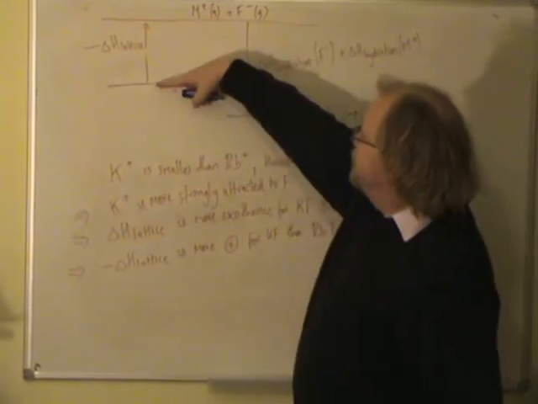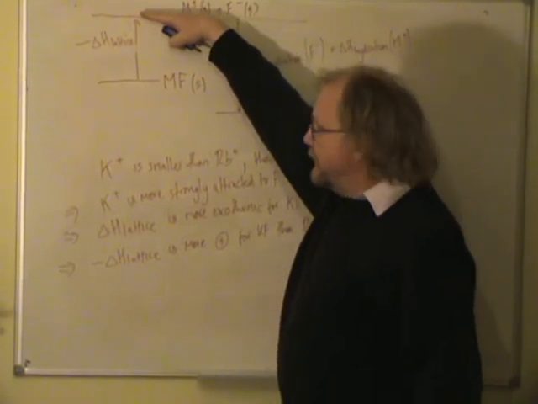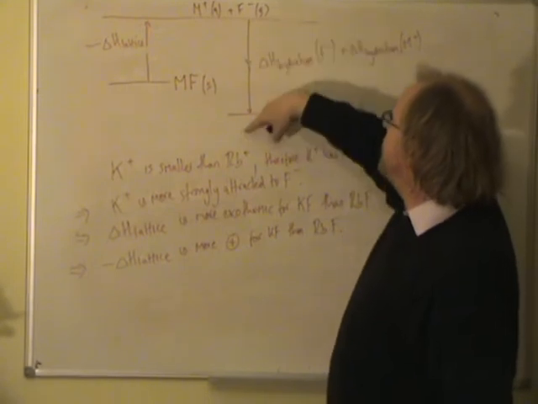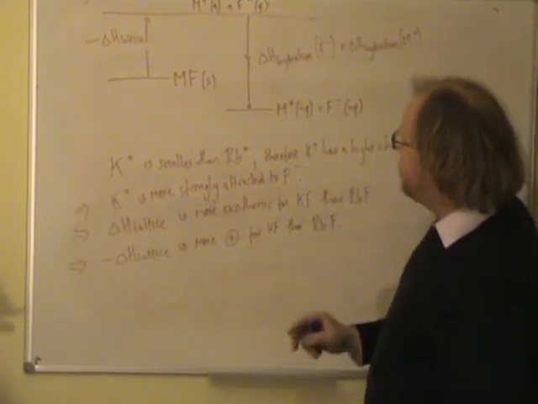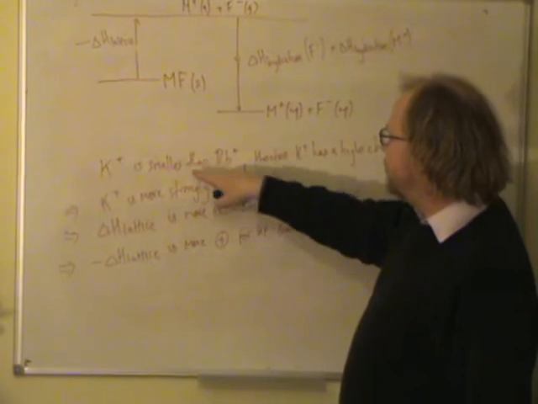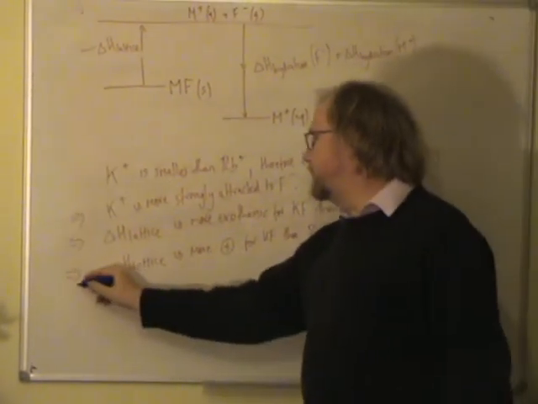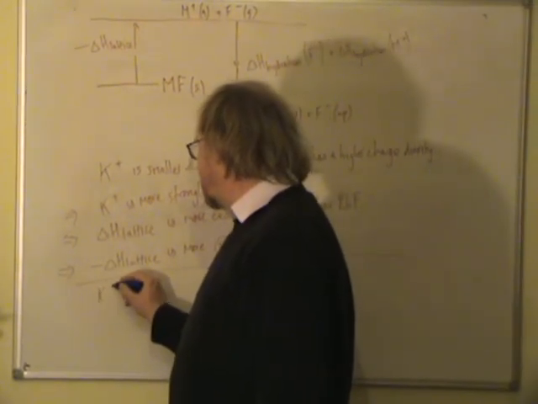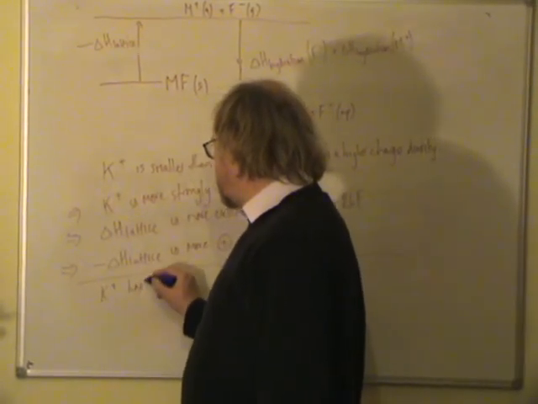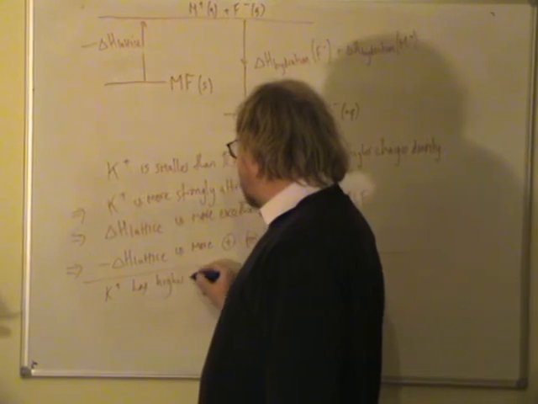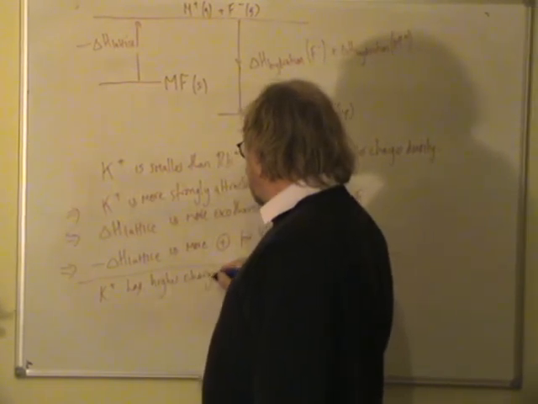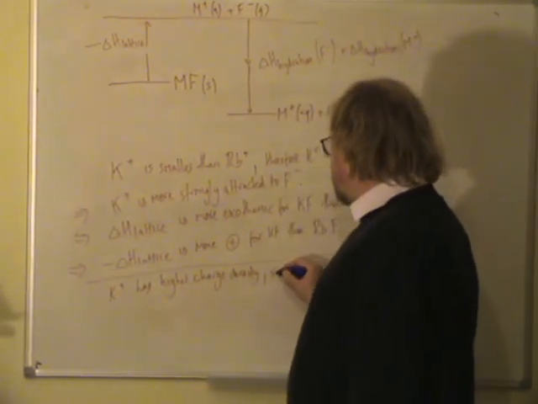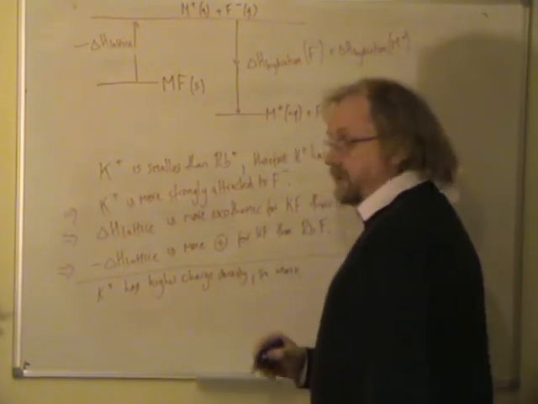Okay, so far we've gone further uphill with KF than with RbF, but now we've got to come down this way, and again there's going to be a difference. So for the same reason, because K plus has a higher charge density, as we've already said, than Rb plus, it's more strongly attracted to water molecules.